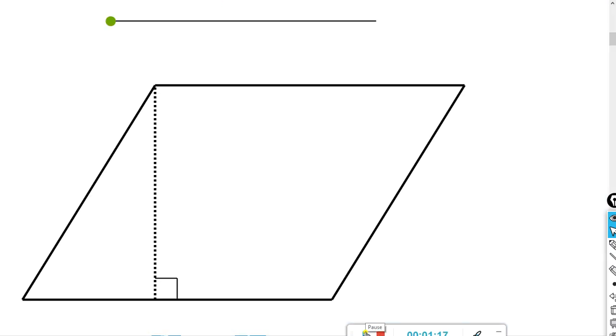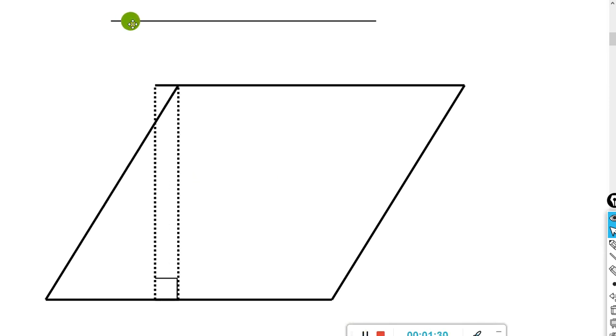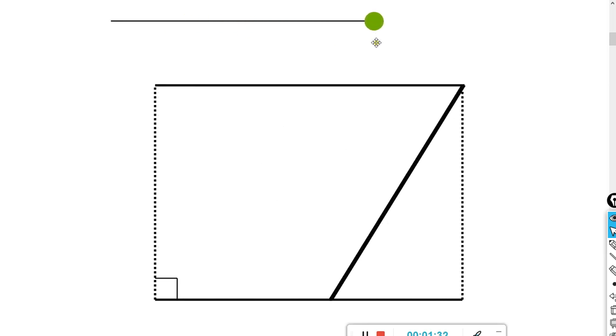The reason that base times height is the formula for both rectangle and parallelogram is that you can see here we have a parallelogram, and without even changing the area, we can convert that to a rectangle.